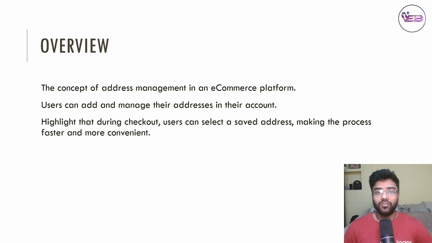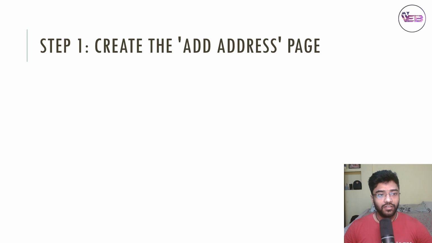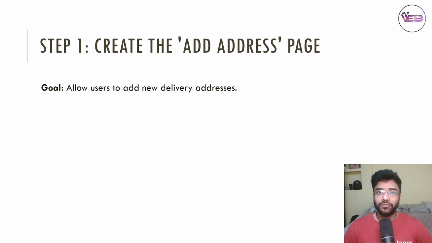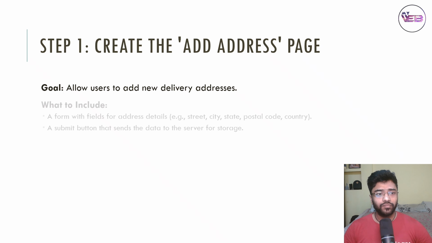Okay, so I just divided this into several steps. Step 1 is to create the add address page. In this step, you allow users to add new delivery addresses, and if they want, they can add their addresses for work, for home, for any kind of that.